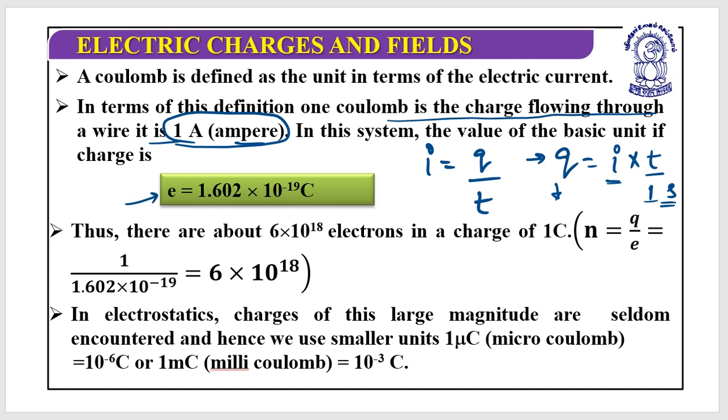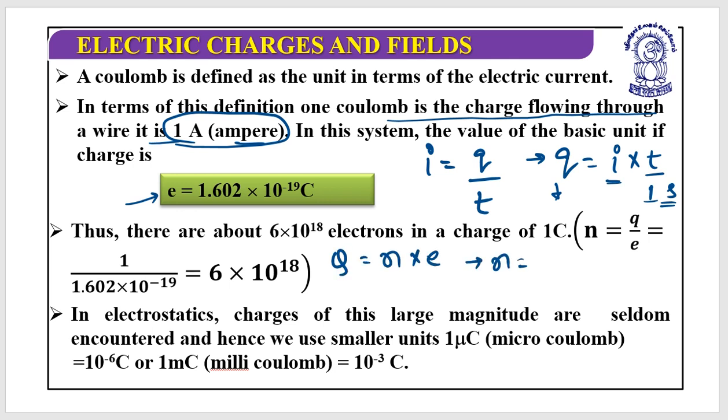We understand that this is the value of e, the single quantum of charge: 1.602 into 10 to the power minus 19 coulomb. If I want to calculate the number of charges that are being passed, I can do this. Q equals n into e.